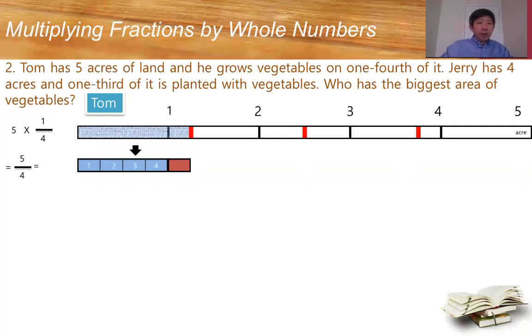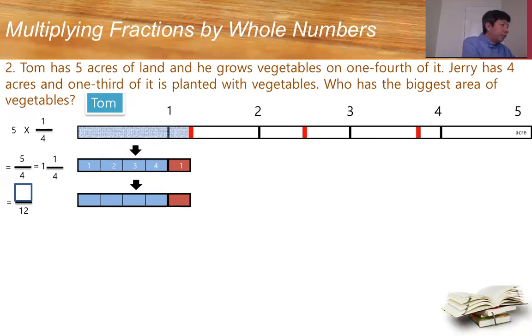Now, we can also make it a mixed number. We have one whole, and this is 1/4, right? And now we can also change this into a common denominator, because later we're going to compare Tom and Jerry.